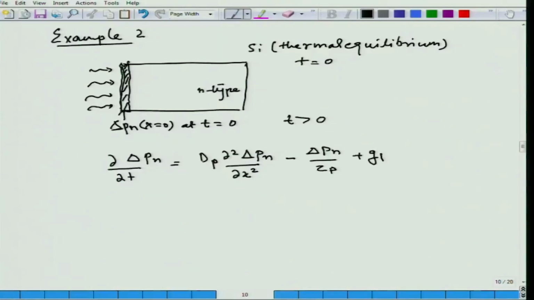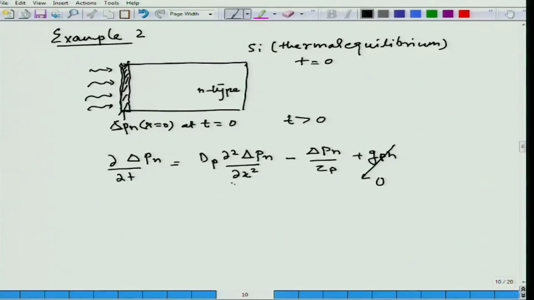Since we illuminated this at time t equal to 0 and then shut off the light, the photo generation for time t greater than 0 can be assumed to be 0. It is as if we created excess carriers, and after that there is no photo generation in the rest of the material. This part is going to be 0.